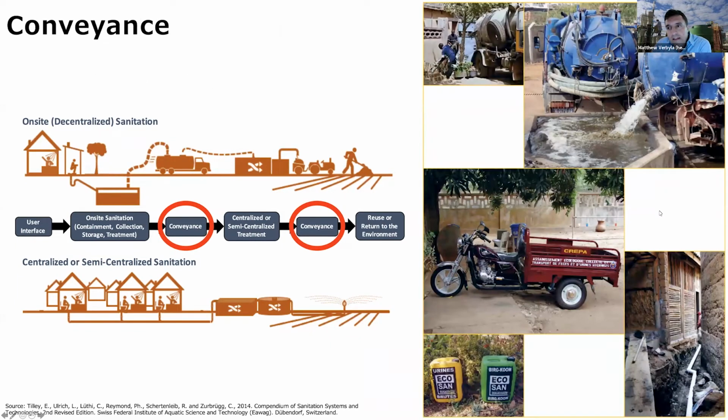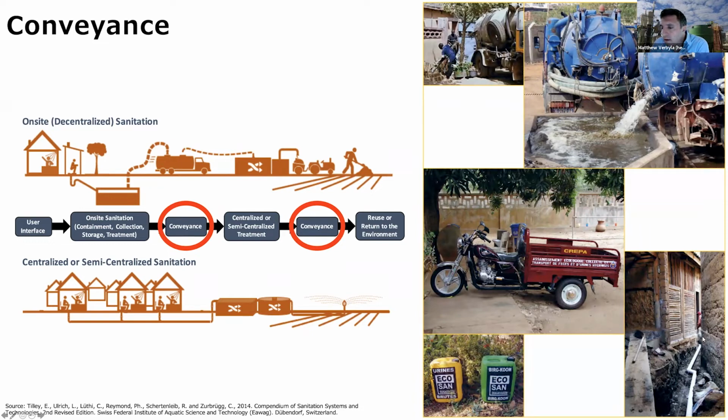In terms of conveyance, for on-site systems, one of the methods of conveyance is using a vacuum truck, like you can see here. However, you will also find places in the world where wastewater or fecal sludge, for that matter, is conveyed using other means like motorcycles or manually, or using containers.